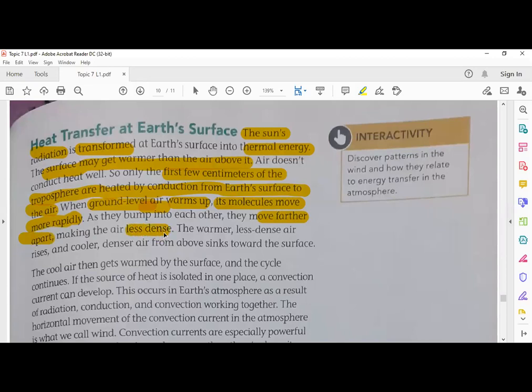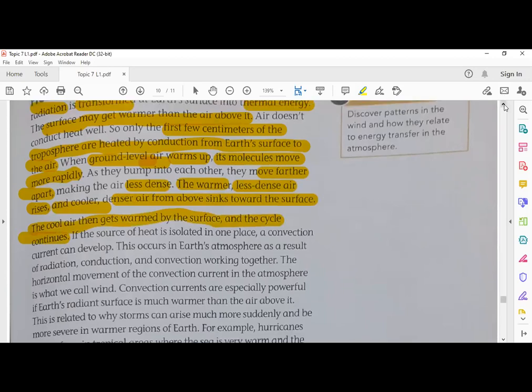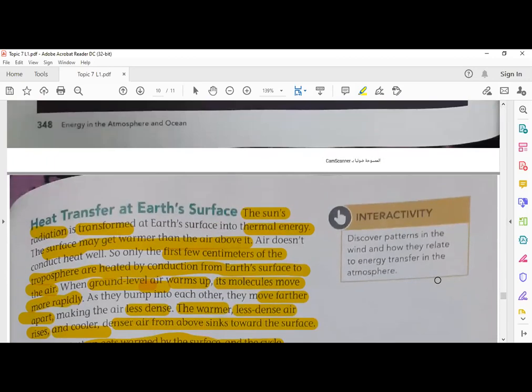And as you know, anything that is less dense will float. The warmer air which is less dense rises, and cooler air that is denser sinks toward the surface and the cycle repeats. The cool air then gets warmed by the surface and the cycle continues, as I told you. This is the way heat transfers at Earth's surface.